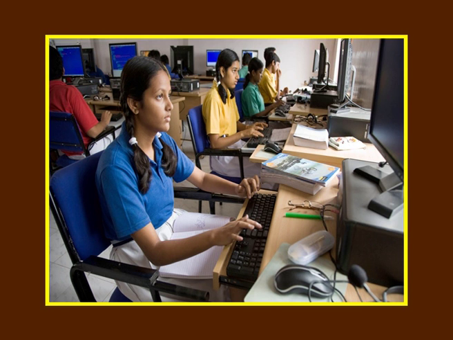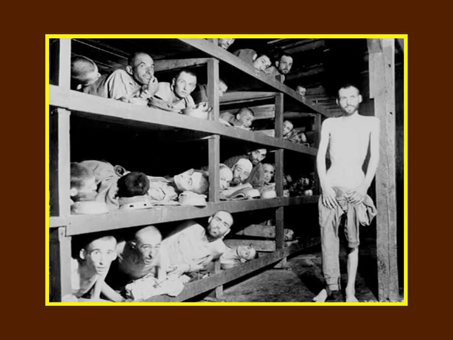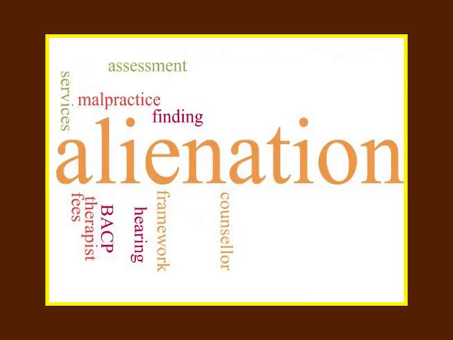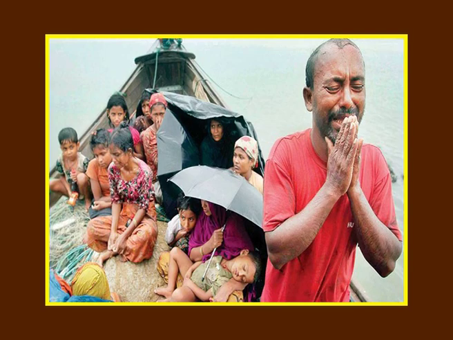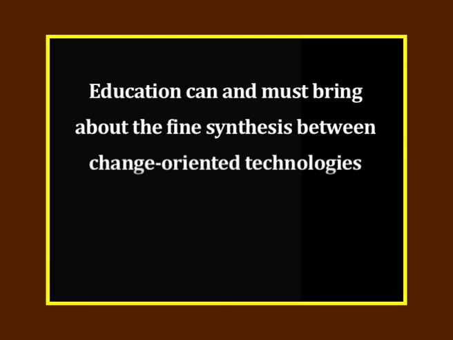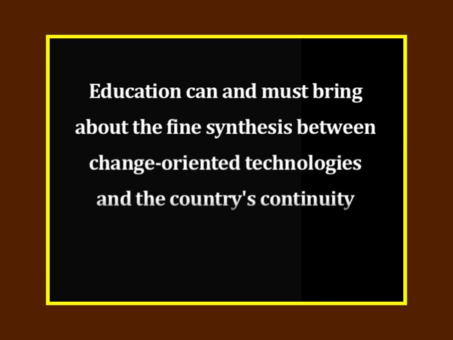The preoccupation with modern technologies cannot be allowed to sever our new generations from the roots in India's history and culture. Deculturization, dehumanism, and alienation must be avoided at all costs. Education can and must bring about the fine synthesis between change-oriented technologies and the country's continuity of cultural tradition.